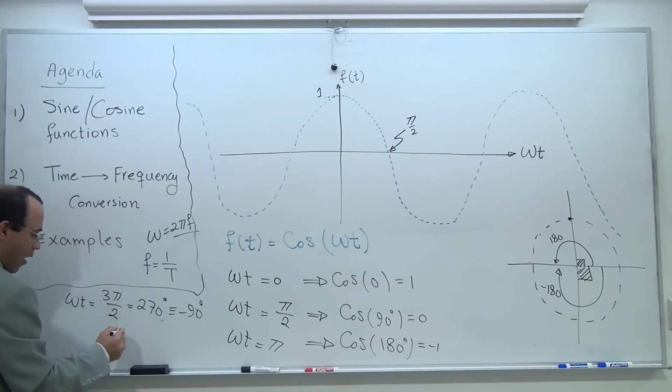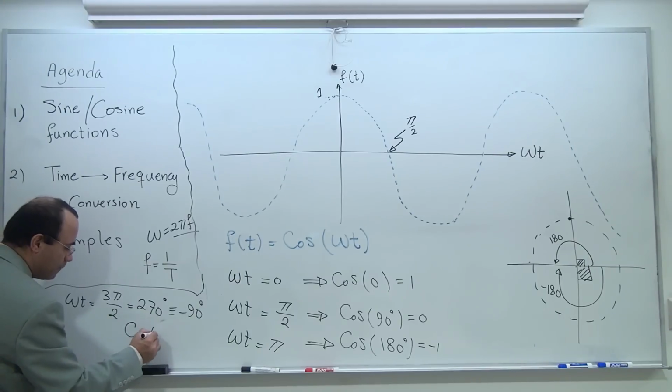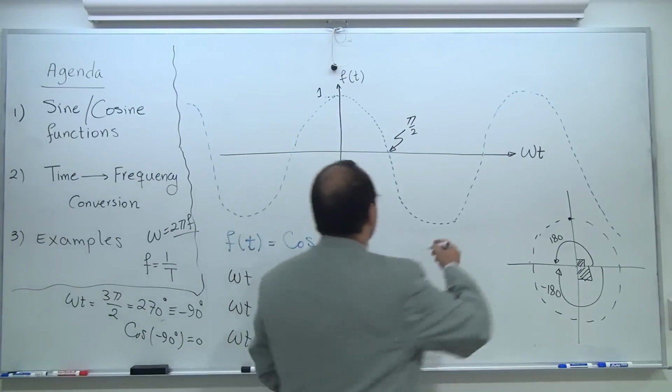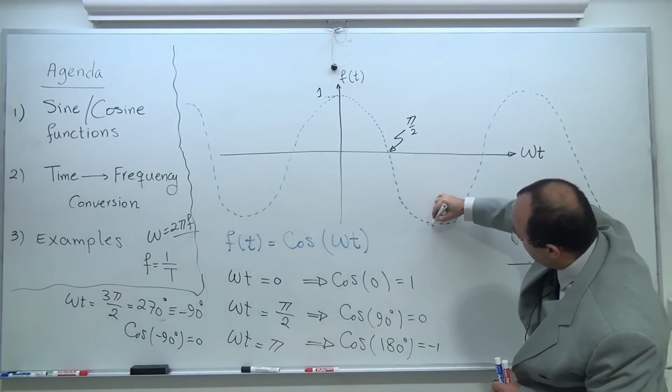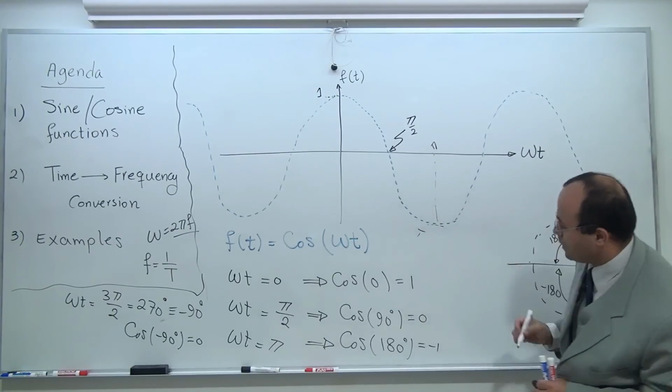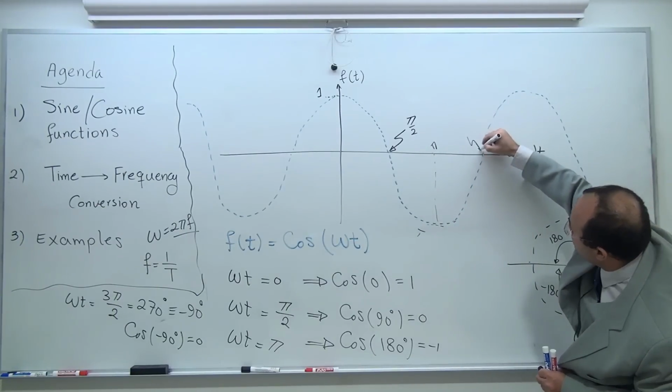So then obviously cosine of omega t is going to be 0. So what do I get? For pi, I'm going to get minus 1. For 3 pi divided by 2, I'm going to get 0.